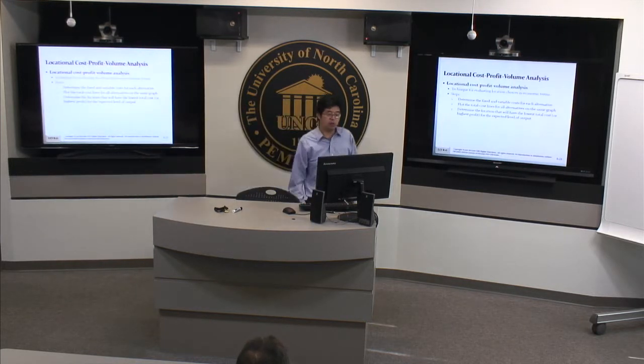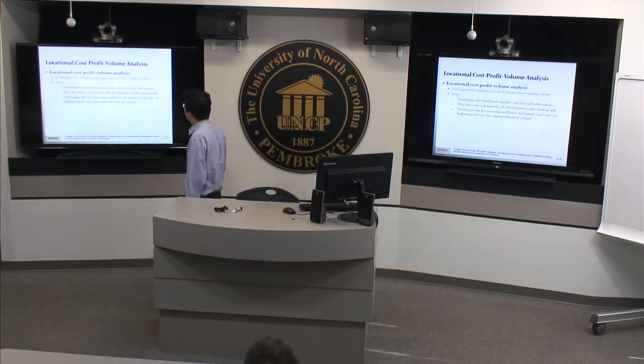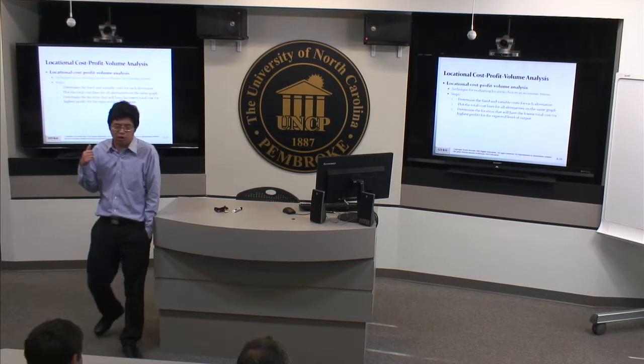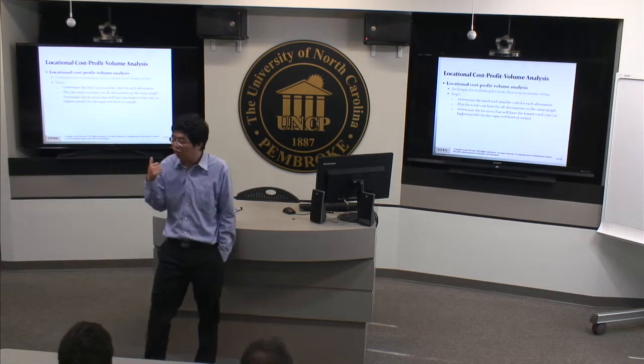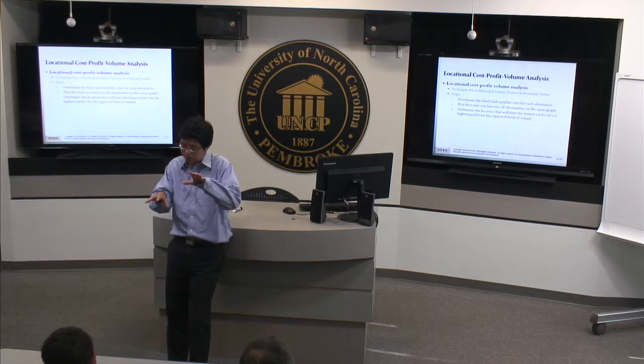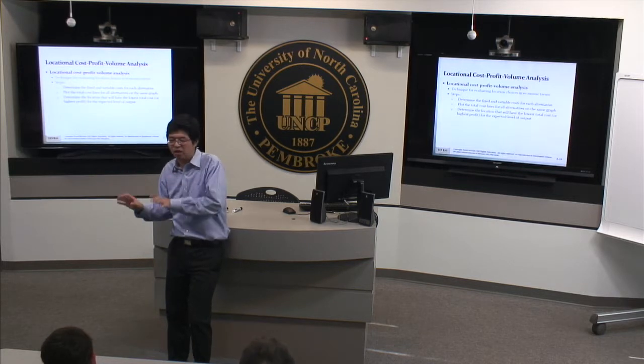The first model we'll talk about is called cost-profit-volume analysis. Do you remember we studied a similar model in chapter 5, capacity? Cost-volume analysis: we calculate the total revenue, total cost, and calculate the profits. When profit is equal to 0, that's a break-even point.